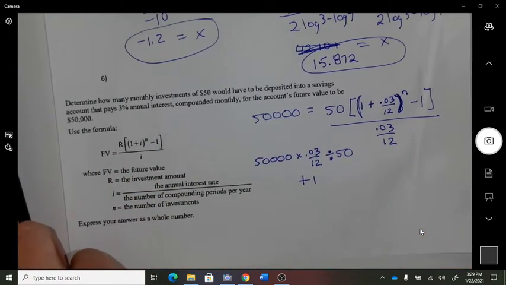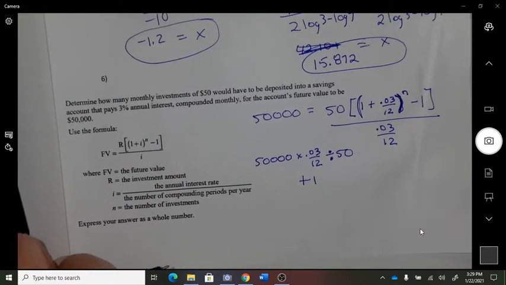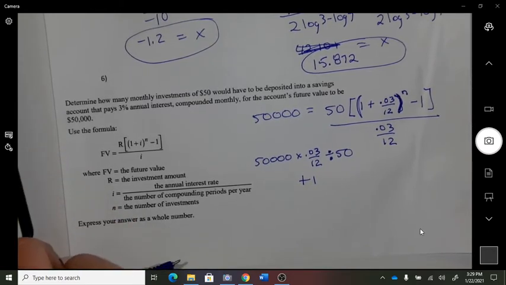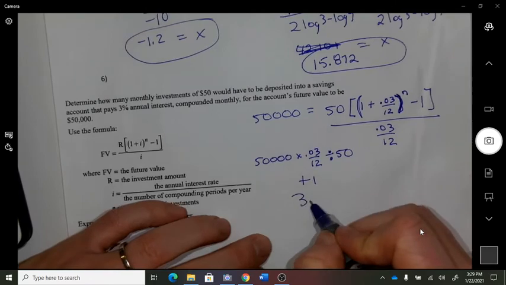So 50,000 times the interest, divide by 50, plus 1. Okay, so do all those things. So I get 3.5.